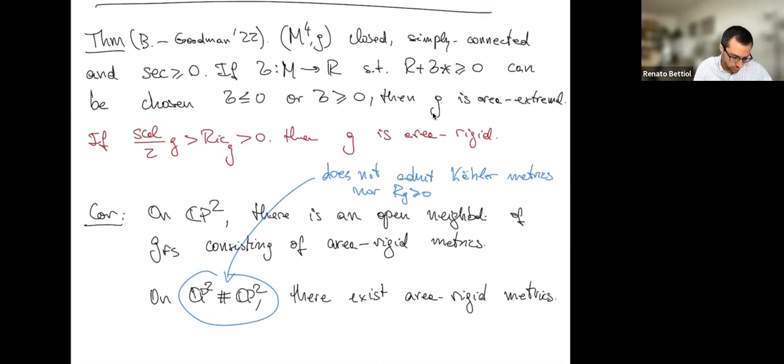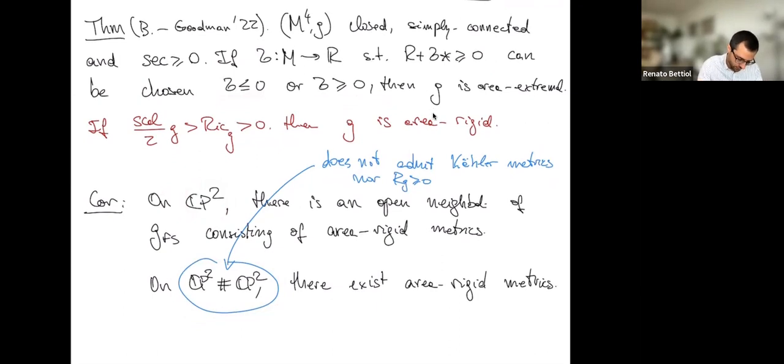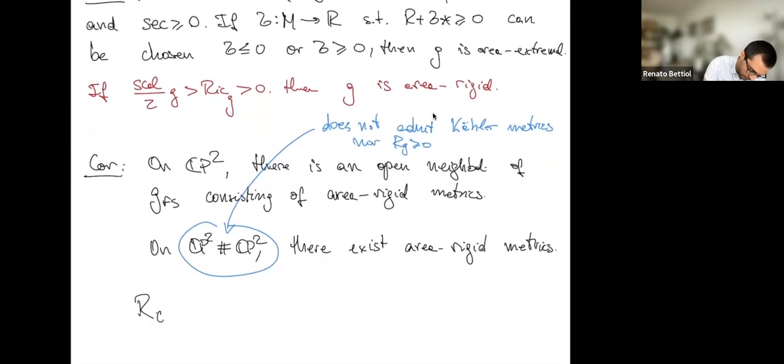And I guess I should justify a little bit why you should believe that these manifolds have metrics where tau is either non-positive or non-negative. CP2 is not too hard to explain. If you look at CP2, the curvature operator is positive semi-definite, but if you add just 1 times Hodge star, this is positive definite.